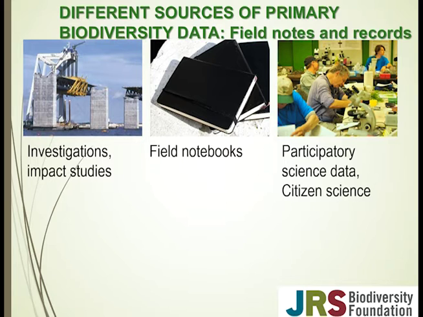We can also have participatory science data, for instance, citizen science. Those can contribute a very valuable source of primary biodiversity data, but you need to pay attention to the quality of the data you have in hand.